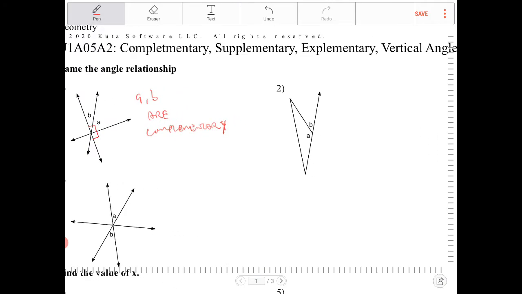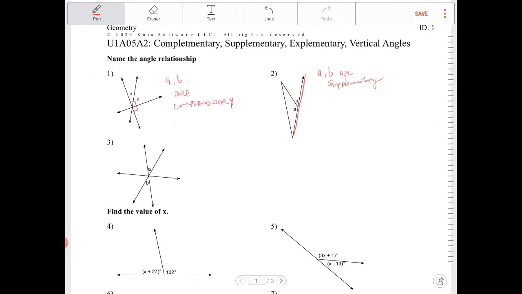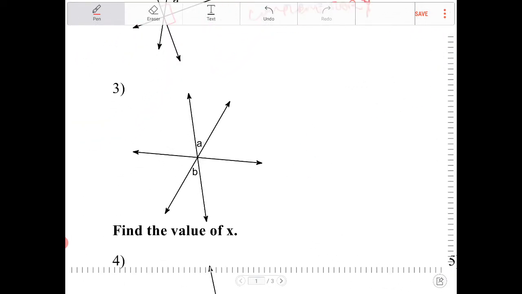Question 2, since A and B are on the straight line, therefore A and B are linear pairs, and A and B are supplementary. Here in this case, A and B are opposite one another, formed by 2 intersecting lines, so therefore A and B are vertical angles.